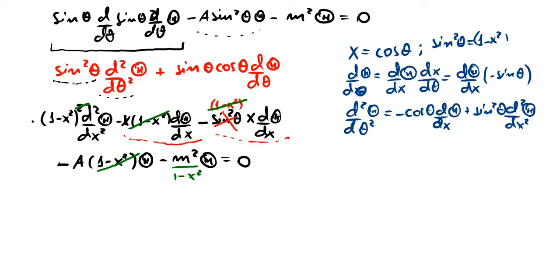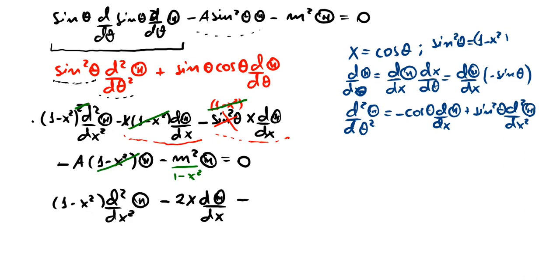So in the end, what I get from this procedure is 1 minus x squared, second derivative, then minus 2x dθ/dx, minus a.